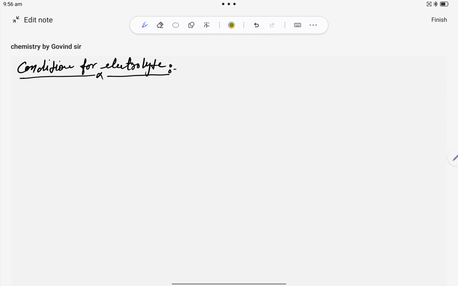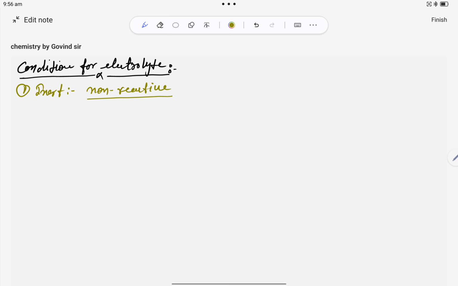Condition number 1, inert. Whatever electrolyte we are using, it should be inert. Inert means non-reactive. Whatever components of solution we are having, the electrolyte should not react with components of the solution.